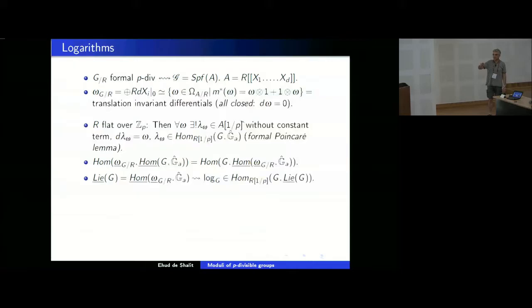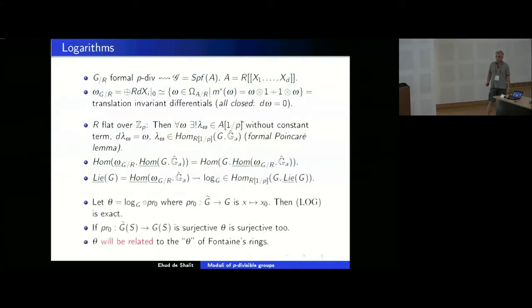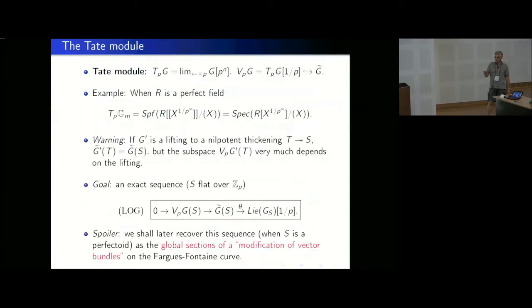And the underline, I was asked about it, simply means that I view these things as vector groups. So not only for R, but as the functors that associate for any S the tensor with that module. And then the map theta that figured in the previous slide is simply applying this logarithm from the group to the Lie algebra to the first coordinate, to the 0th coordinate. So you project from the inverse limit on the 0th coordinate, and you apply theta.